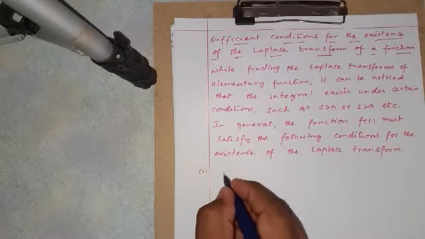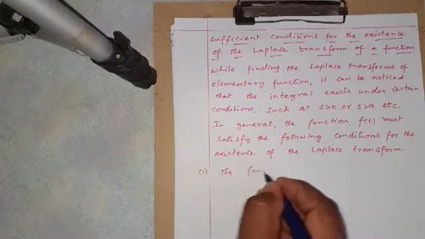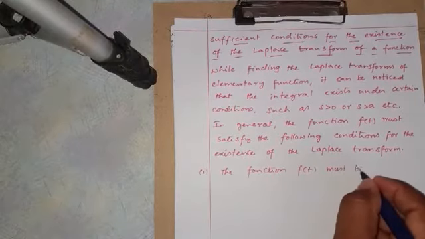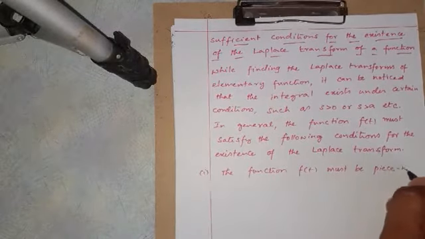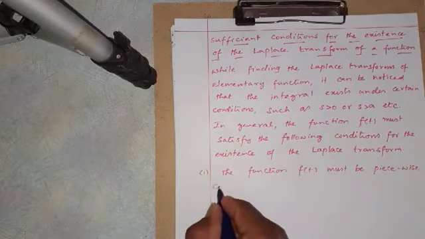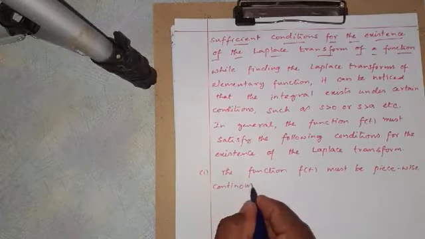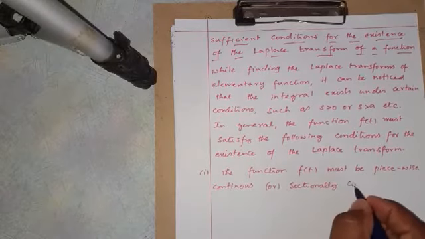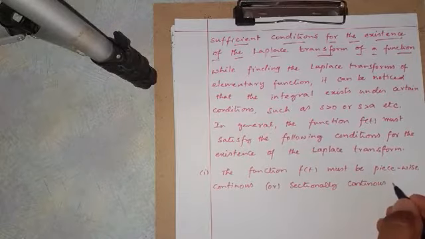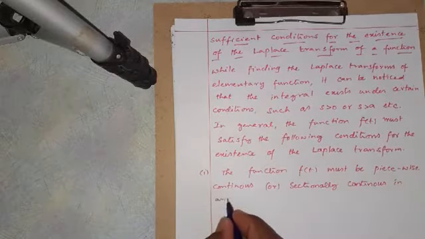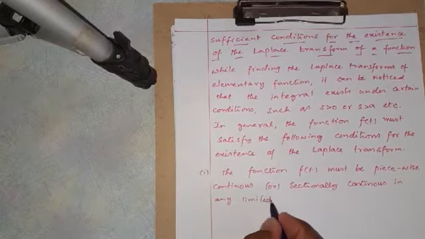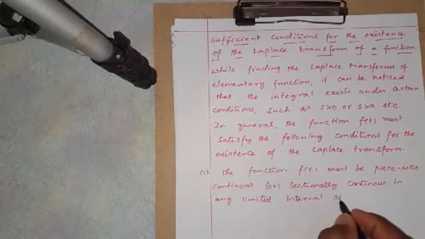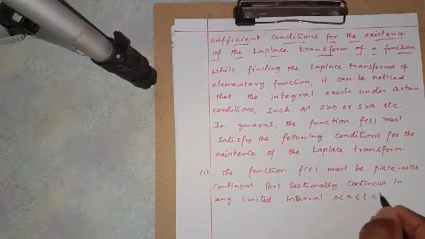Number one, the function f of t must be piecewise continuous or sectionally continuous in any limited interval 0 less than a less than or equal to t less than or equal to b.